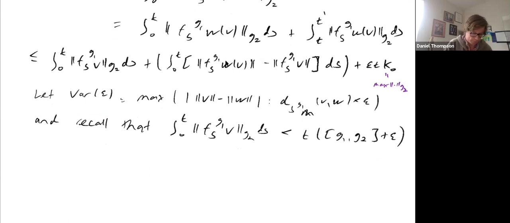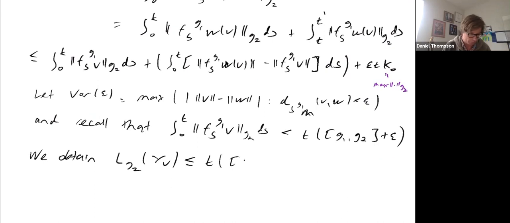We obtain the G2 length of gamma V is less than or equal to t times G1, G2 plus epsilon plus varepsilon. Varepsilon is coming from that second term, plus epsilon K0.